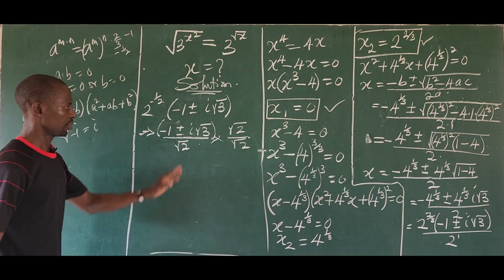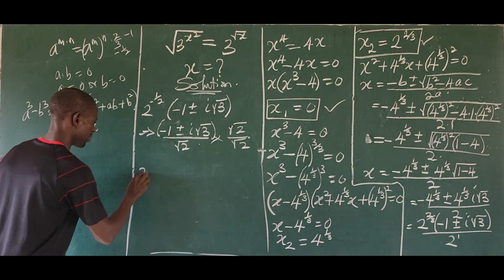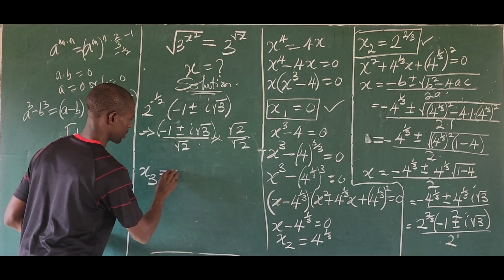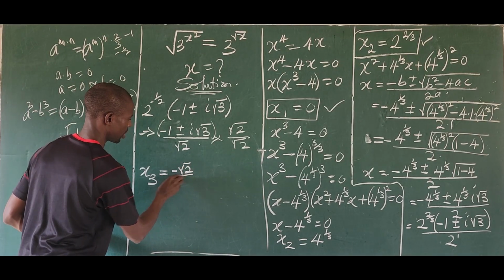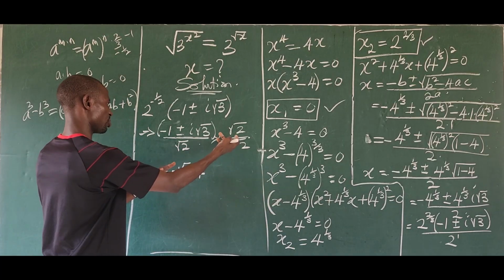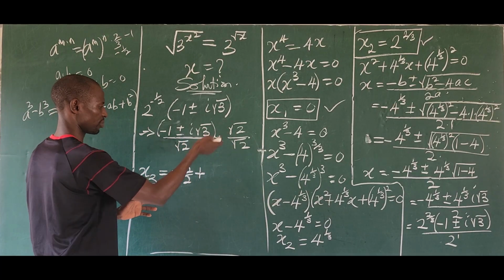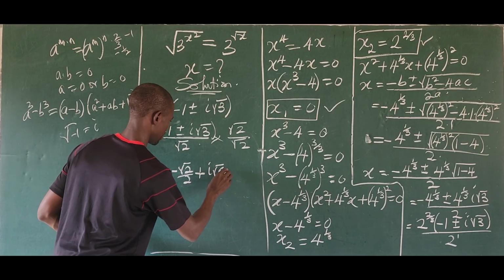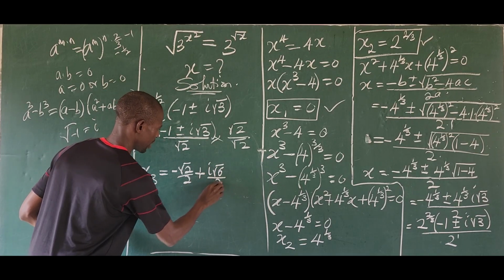If we multiply out here, our x3 is going to give us minus root 2 all over 2, then plus, because we have root 2 times root 3 here, it gives us root 6, so we have iota root 6, then all over 2.